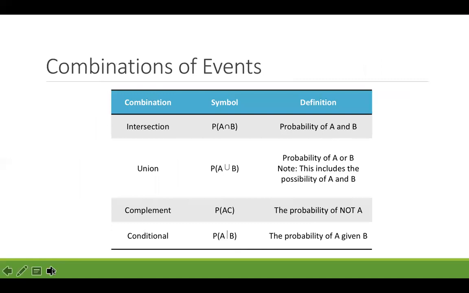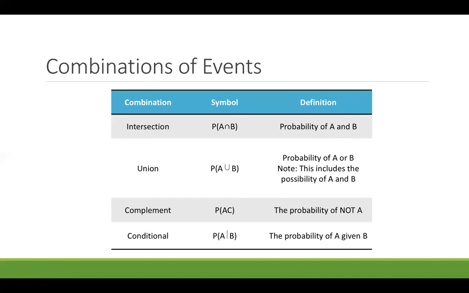So combination events, these are good to know. Intersection is the probability of A and B, so both A and B will happen. This differs from union, which is the probability of A or B, and union includes the possibility that A and B could both occur.